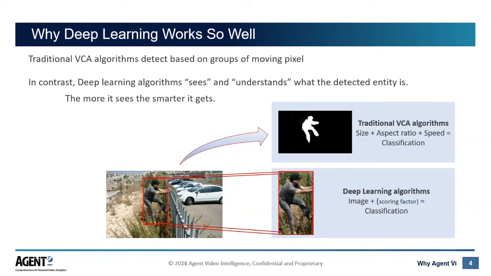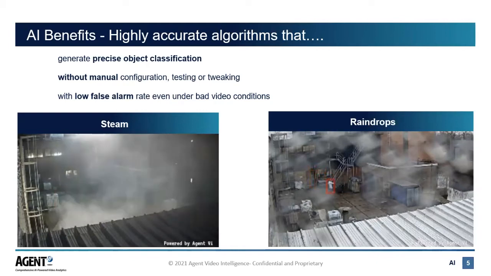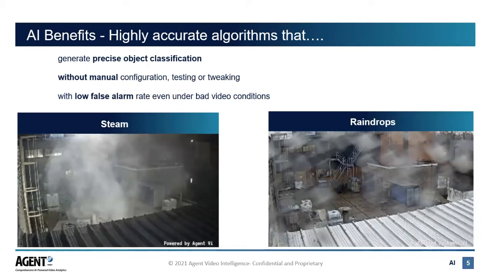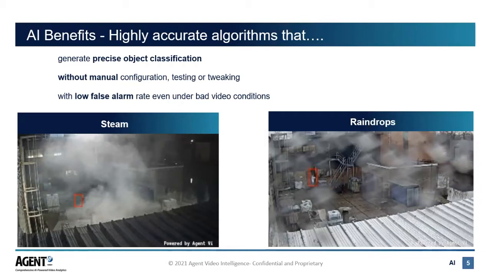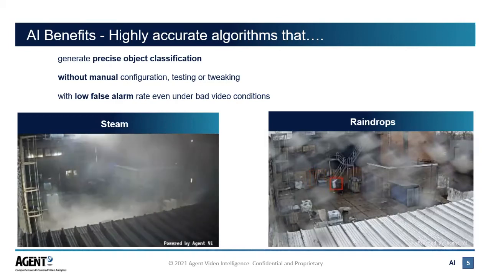It ran well. The classification was good, and that's part of the advantages that you get with an AI algorithm. You're able to achieve much more precise object classification. So, for example, at this point now, we've introduced into our learning set over 1 million different images. So we can not just tell the difference between a person or a vehicle, we can also tell the difference between bicycles, motorcycles, buses, trucks.